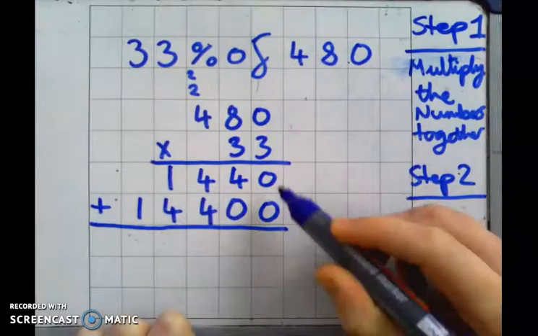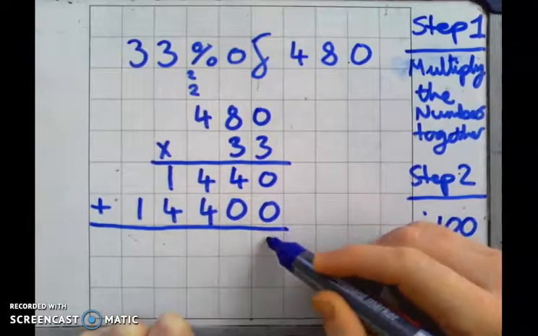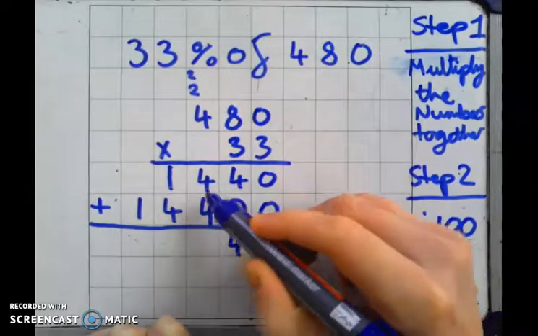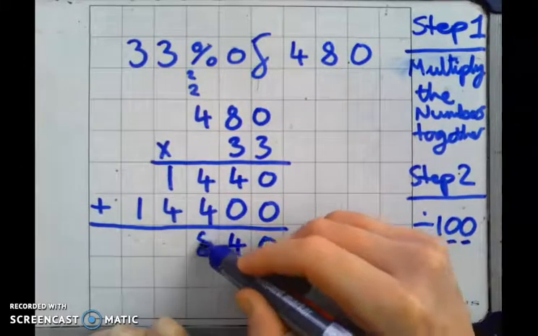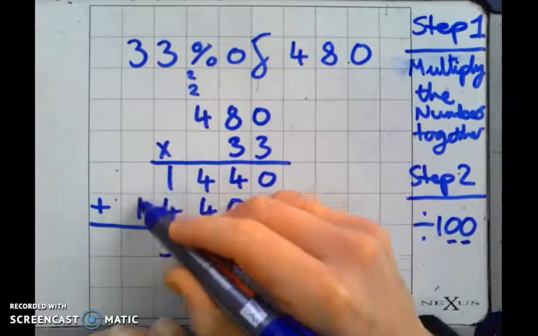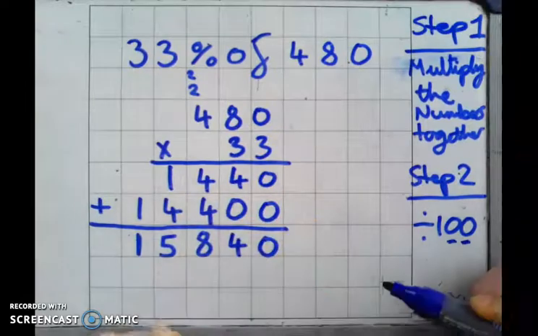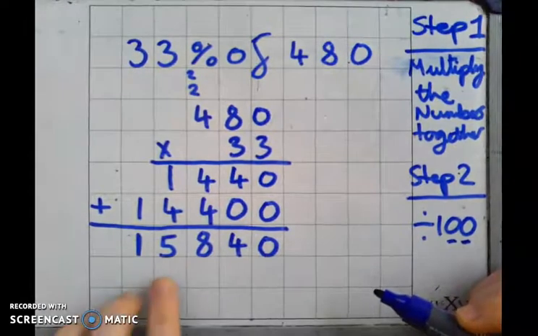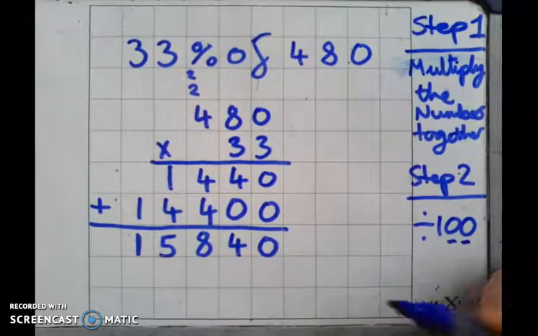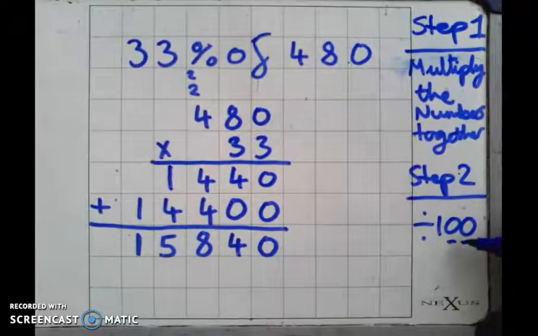Let's add these together. 0 plus 0 is 0. 4 plus 0 is 4. 4 plus 4, 8. 1 plus 4 is 5. And 1, adding nothing to that, is 1. So our answer to step 1, 15,840. Step 2, dividing by 100.